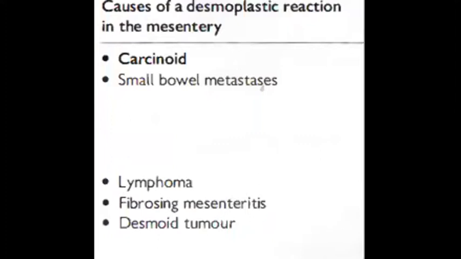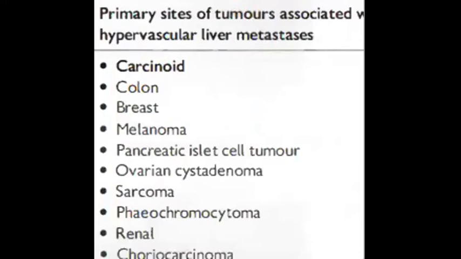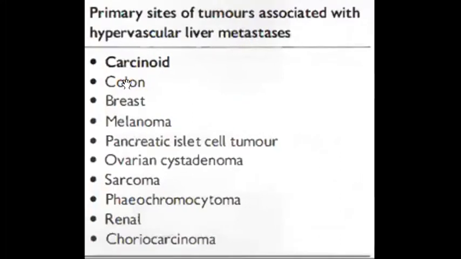And when you find hypervascular metastasis in the liver, the first thing you think about will be carcinoid, but you can also check for MRCT. M for melanoma, R for renal, C for choriocarcinoma, and T for what?